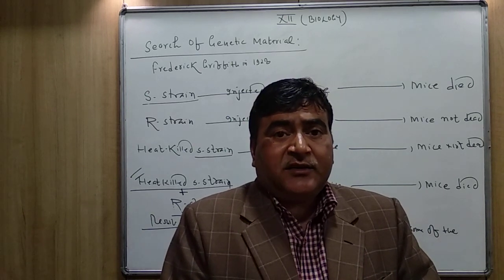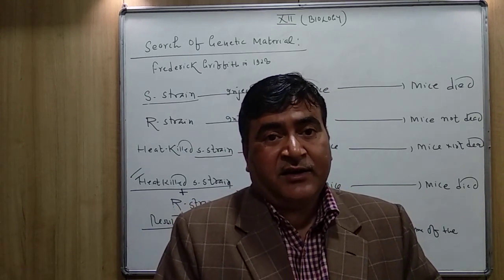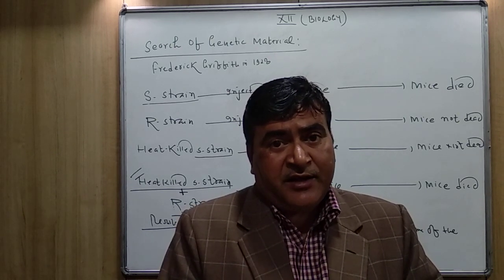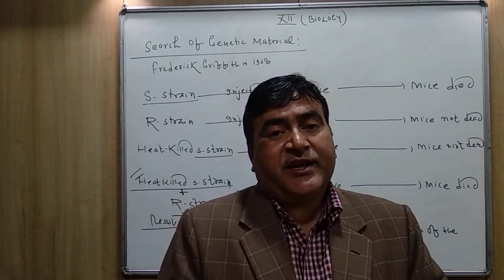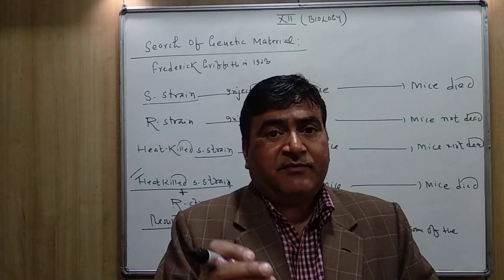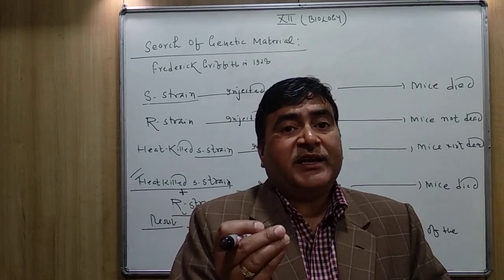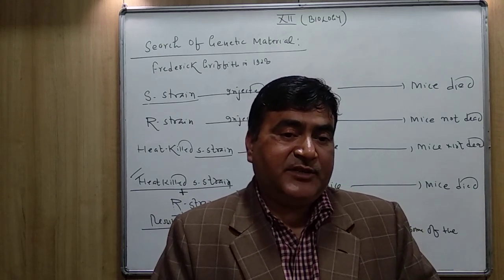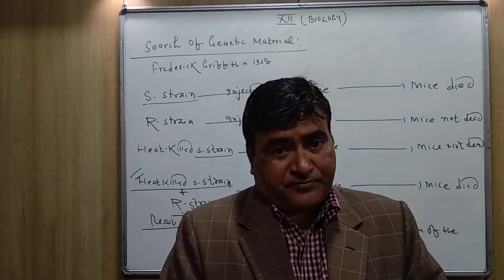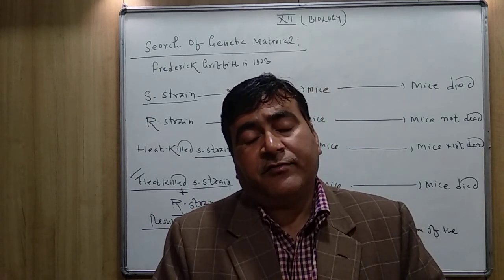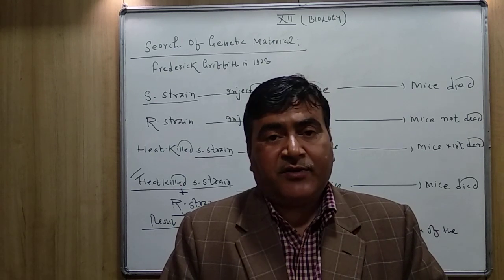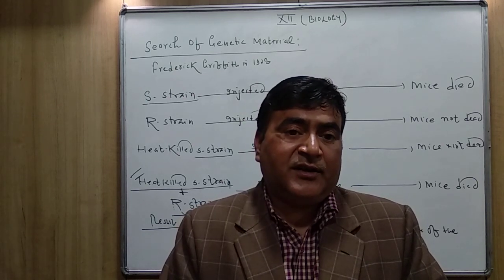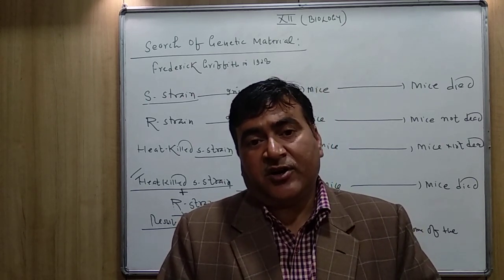Transformation is the process of the change of R strain into the S strain by receiving some of the transforming principle from the heat-killed S strain, and because of the transformation, the mice finally died. The whole process is called transformation.